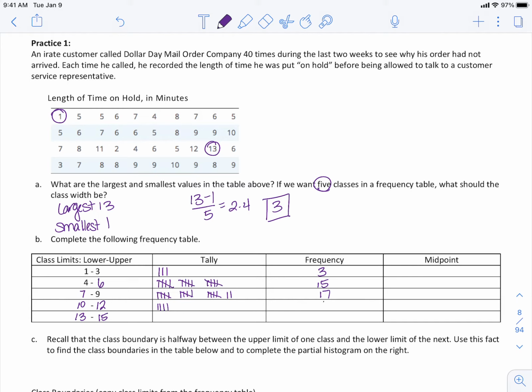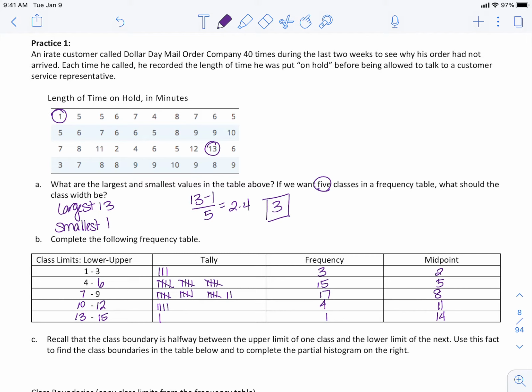There are 4 for the fourth class. And 1 for the last class. Okay, the midpoint of each of these, if I have class limits of 1 and 3, the midpoint is 2. For the next one, it would be 5, then 8, 11, and 14.